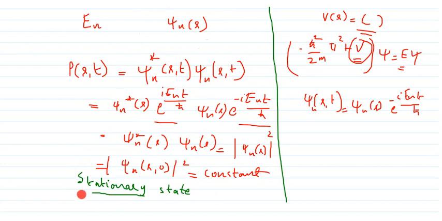How do we identify a stationary state? The answer lies here. When we calculated the probability, we found that the probability is a constant. Such states are called stationary states.